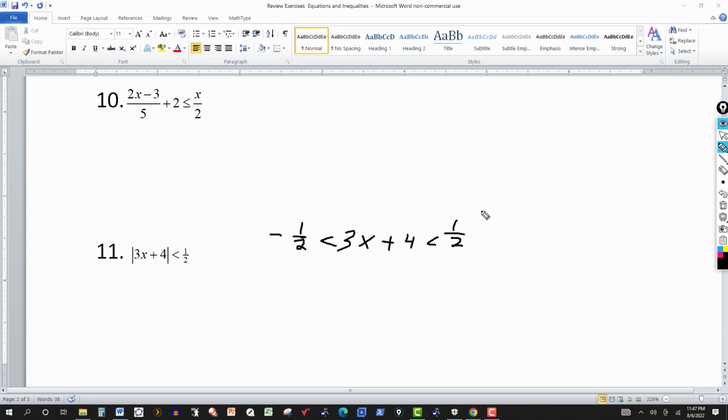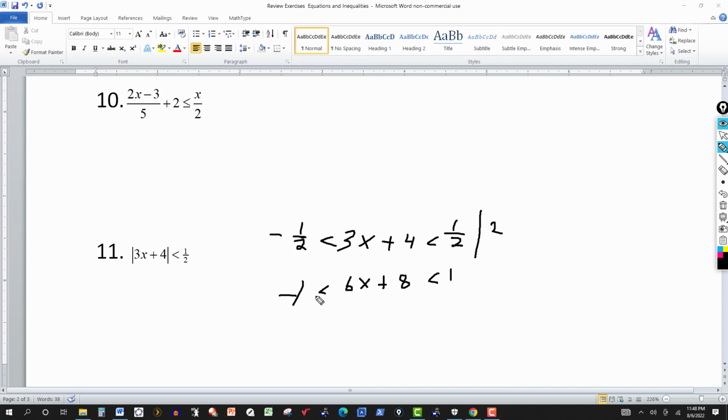And to clear the fractions, I'm going to multiply through by a positive 2, so I don't change the direction of the inequality. So this will be a minus 1 here, and this will be 6x multiplied by 2 plus 8 multiplied by 2. 1/2 multiplied by 2 gives me 1.